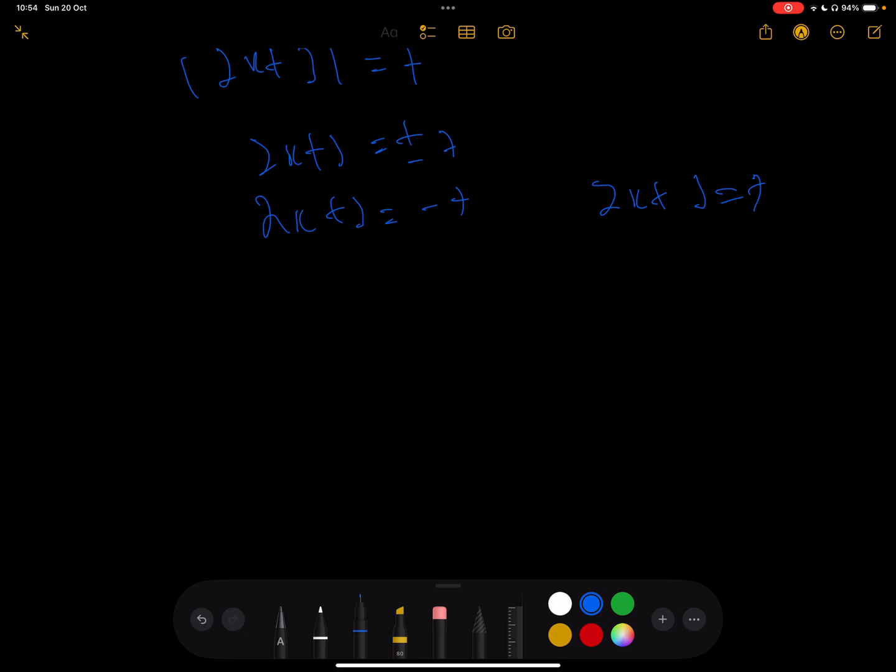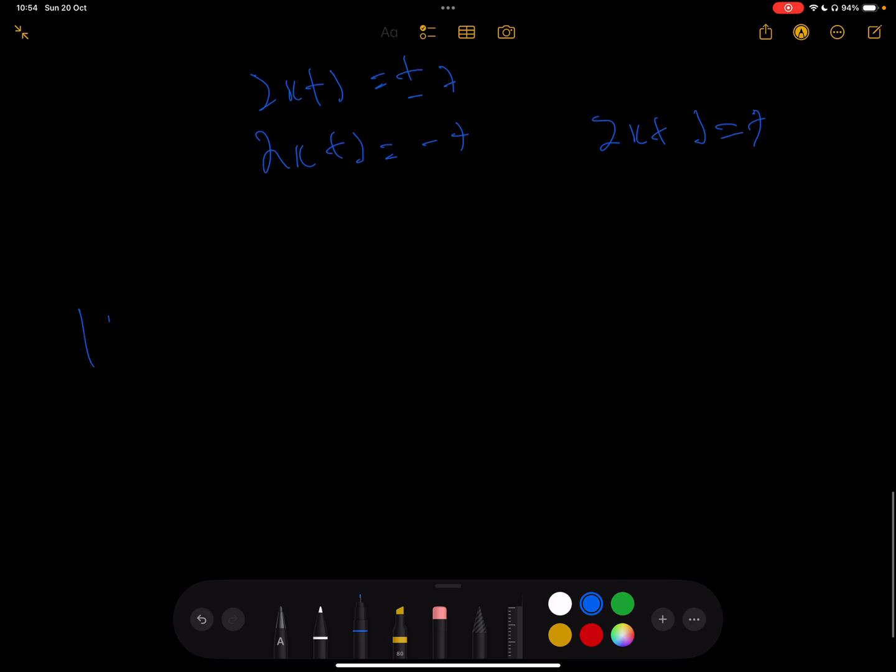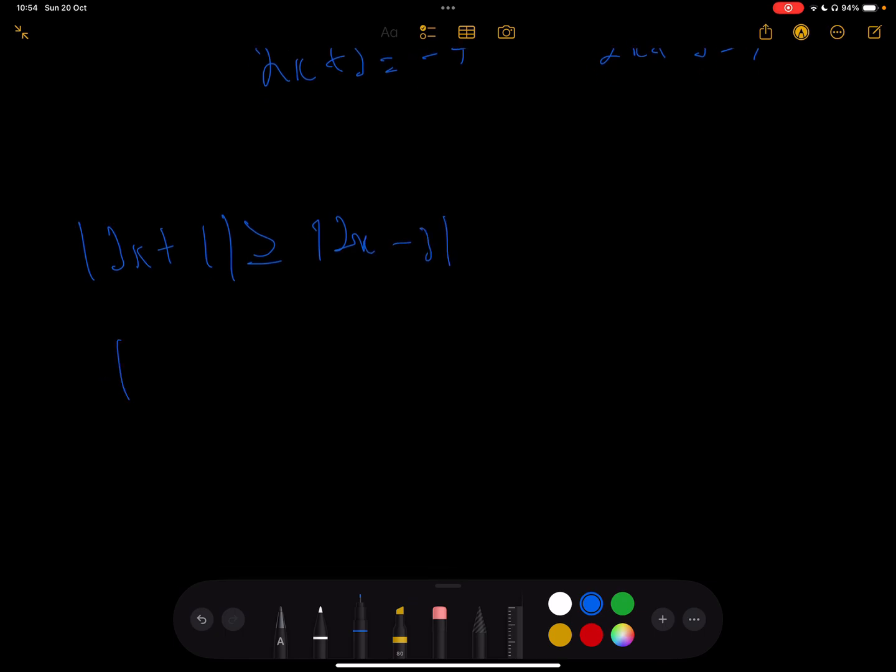Drawing sketches here is useful but not always necessary for linear ones. For example, if we have the modulus of 3x plus 1 is greater than or equal to the modulus of 2x minus 3, then we get (3x plus 1) squared is greater than or equal to (2x minus 3) squared, right?